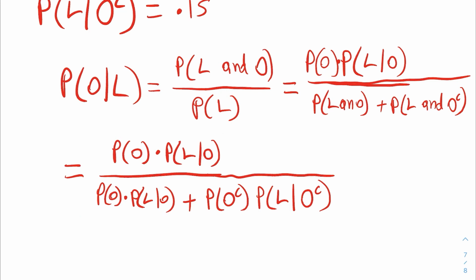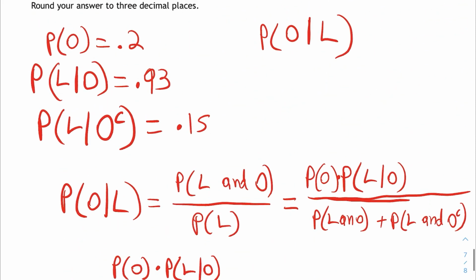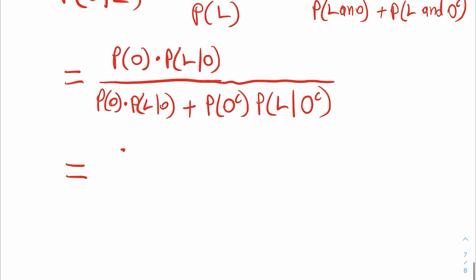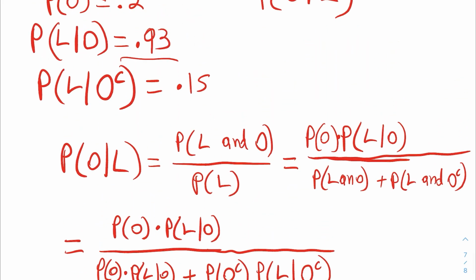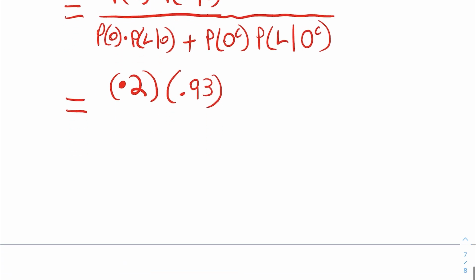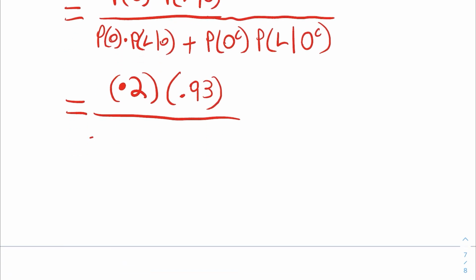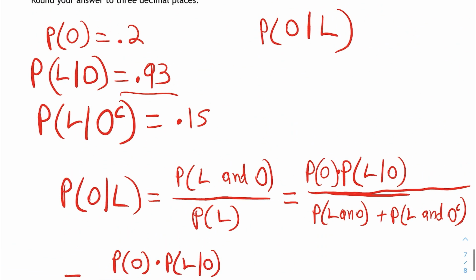So let's gather it all. The probability of the first flight being on time is 0.2, and the probability of her having her luggage given that the first flight was on time is 0.93. So the first term in the denominator is 0.2 times 0.93. I'm going to add to it the probability of being late.